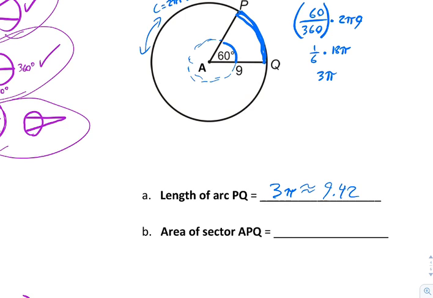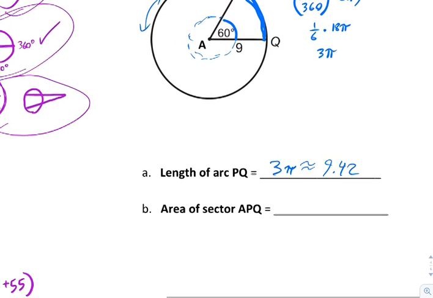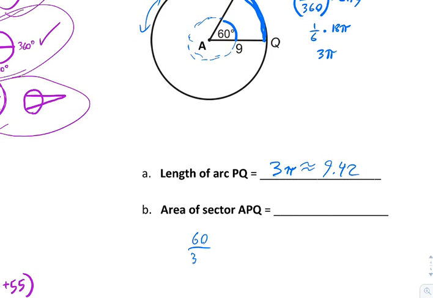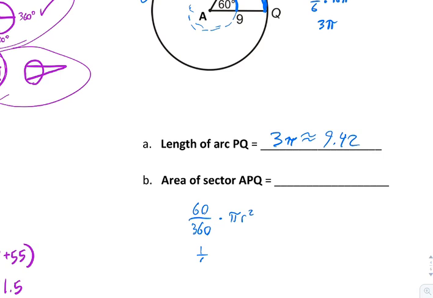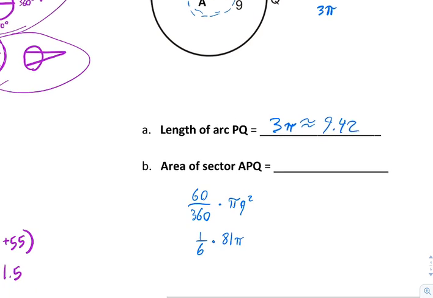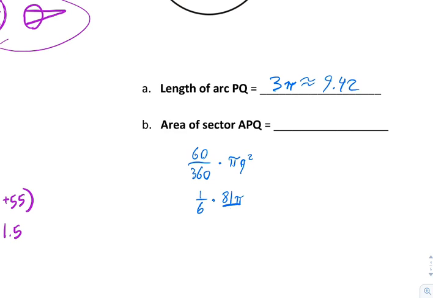Okay. You could also use the same logic down here and say, well, I have 60 out of 360 degrees times the area of the circle. Or in other words, I have 1/6 of, and the total area here, if I plug in 9, is 81 pi. So 1/6 of 81 pi, just do a little simplification here. 3 goes into both of those.